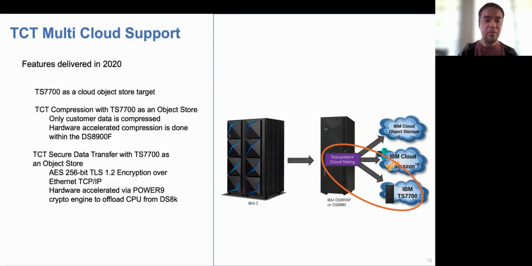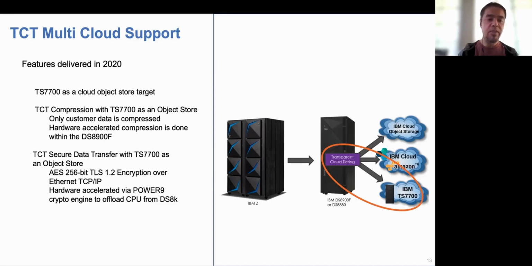Another optimization that we included with this release was to support secure data transfer, or SDT, with the 7700. In the 7700 world, whenever you have multiple clusters configured in a grid, those clusters can communicate securely by using encryption in the Ethernet communications. What we did with DS8000 is use the same mechanism, so that whenever the DS8000 is connecting to a 7700 grid, it is also able to do encrypted communications by using the secure data transfer mechanism.